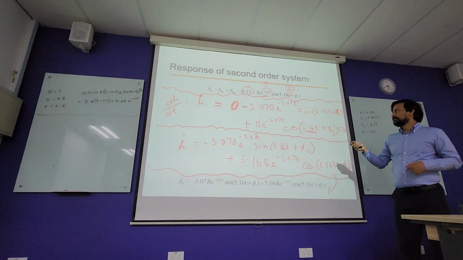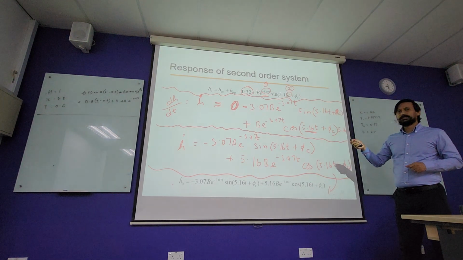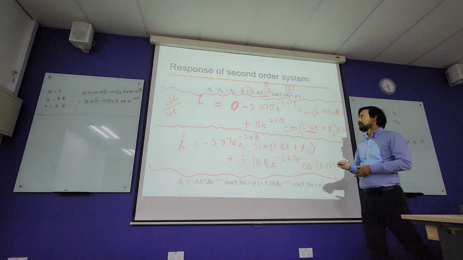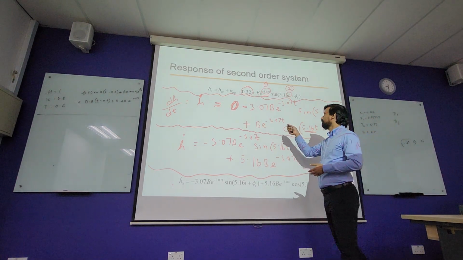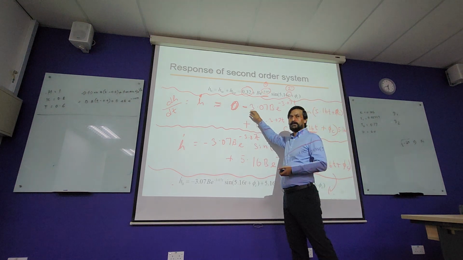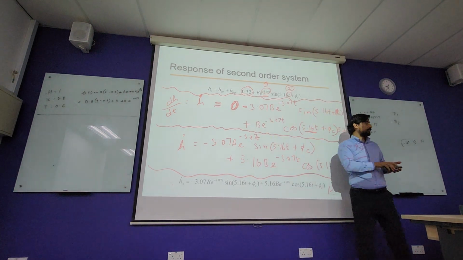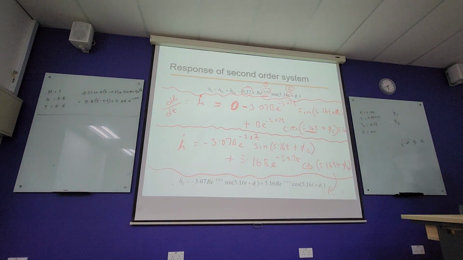First we can keep one as it is and differentiate this exponential. When you differentiate an exponential, the power comes to the front. I hope you recall your basic differentiation.